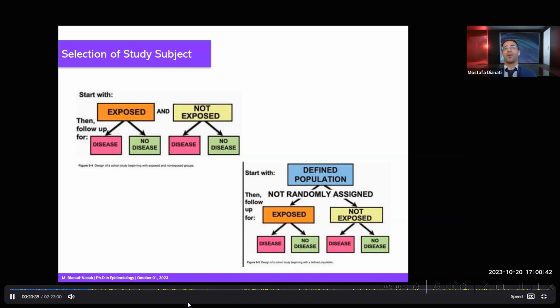All of them are healthy. It means they don't have the outcome of our interest. Here, you will start with the nurses or with a group of people, and you already know if they are having exposure or not.